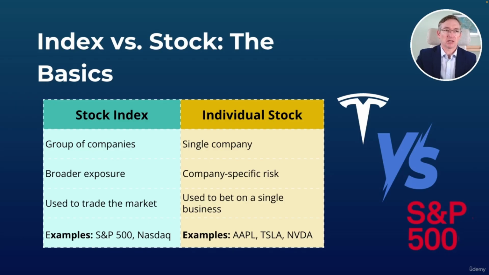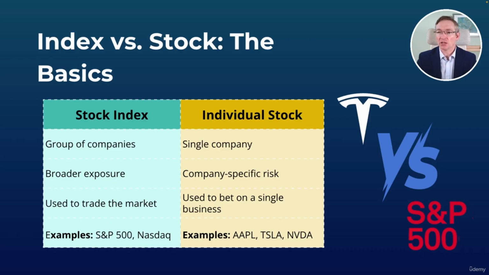Let's start with the basics so that none of us are confused. A stock index is a group of stocks combined together, and that represents a portion of the overall market. So for example, the S&P 500 includes 500 of the largest companies in the US. The NASDAQ 100 focuses on tech-heavy growth names.